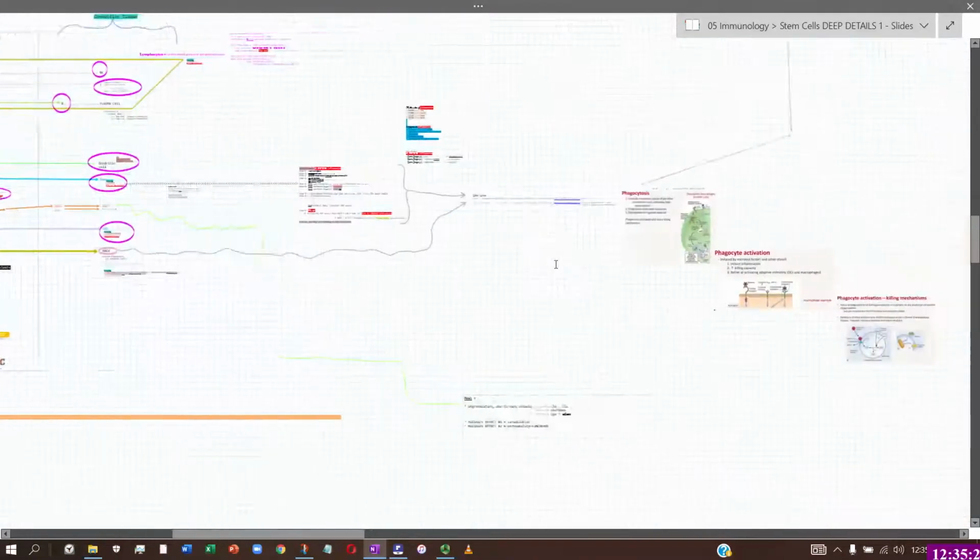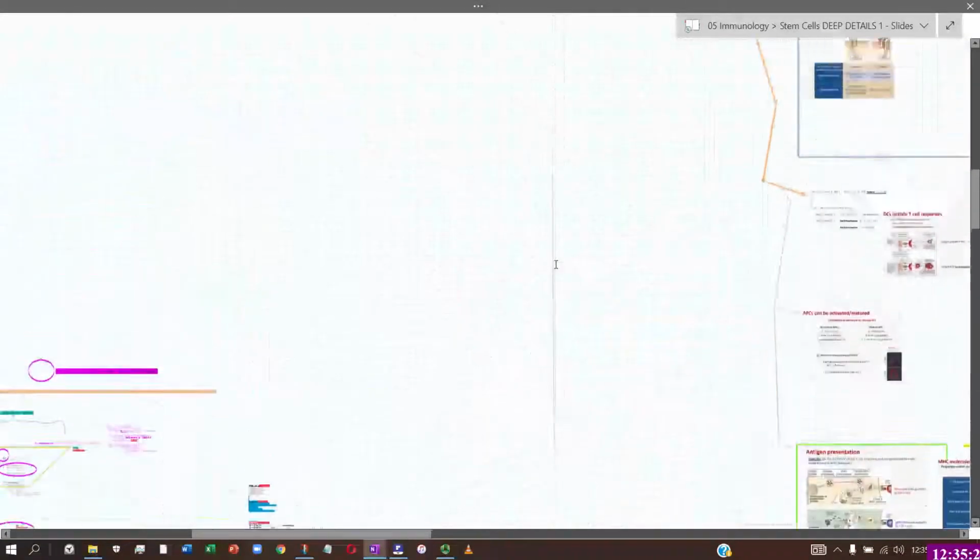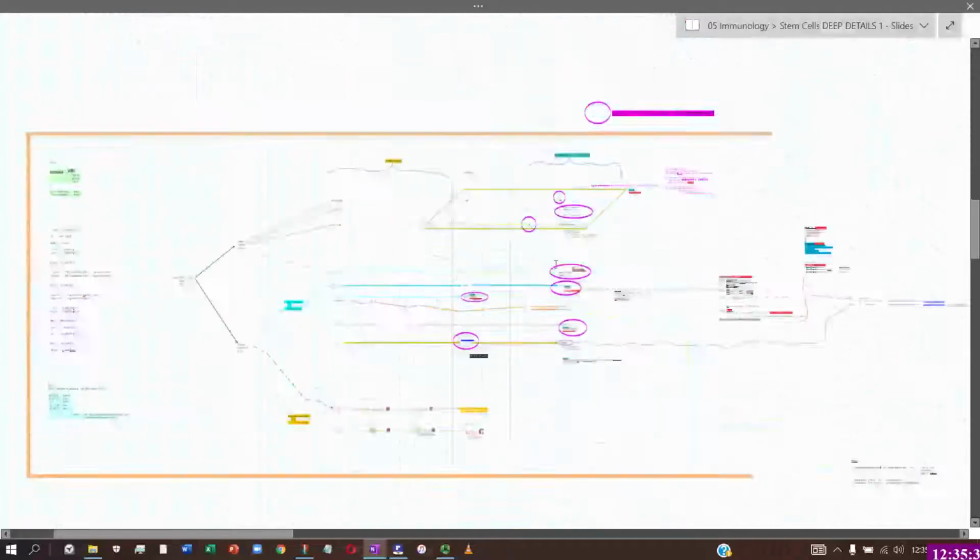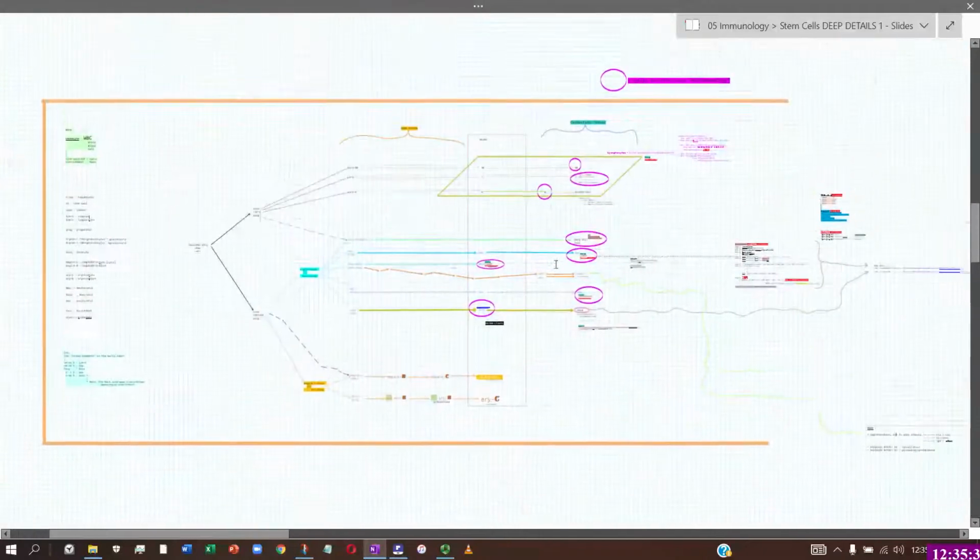Initially, let's see what's the best way to approach this. It wasn't as useful as I thought it was going to be, this flow chart.